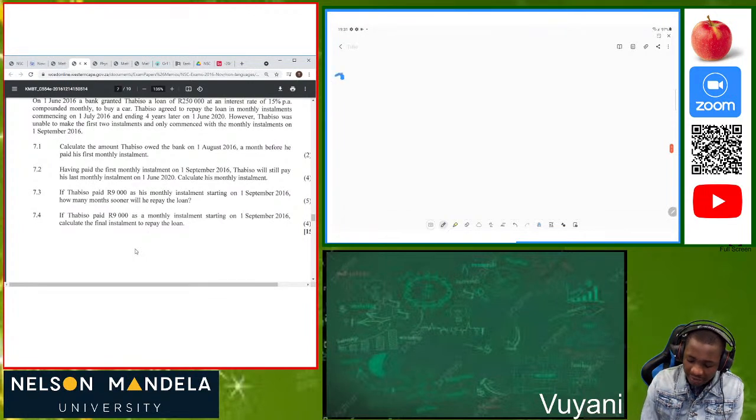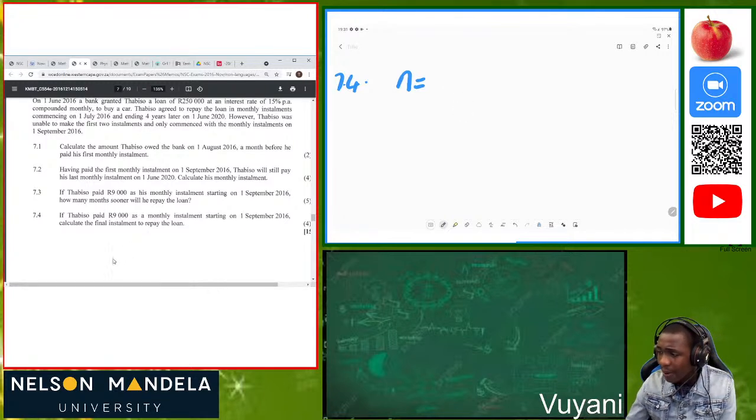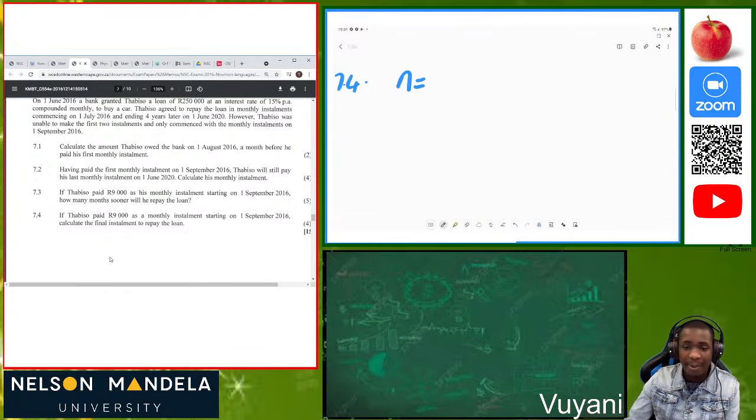We have to know that 7.4. We also have to know that our N will be equal to 36. Our N now is going to be equal to the answer which we see. You still remember initially on number 7.3, we calculated and we were able to find 35.41872568.